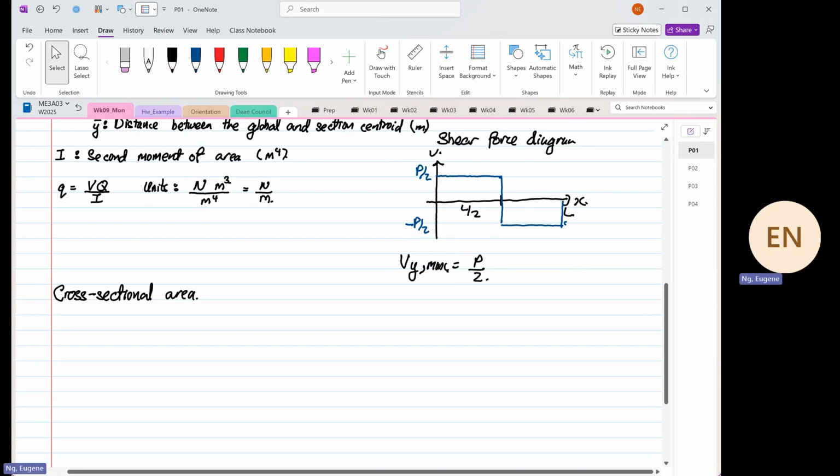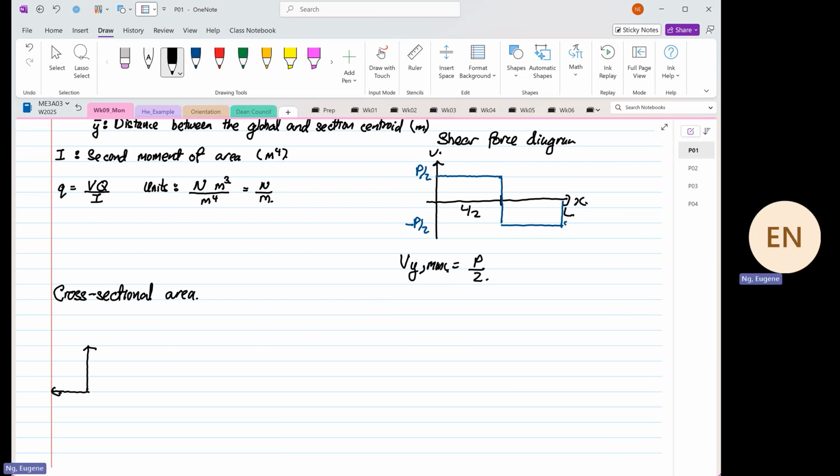So now when we are viewing the cross-sectional area, based on the transformation, this is our Y, this is our Z, and then we have rotation of X. So the cross-sectional area looks like this.